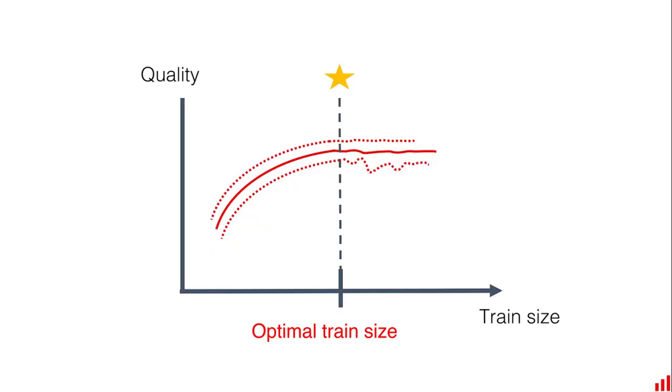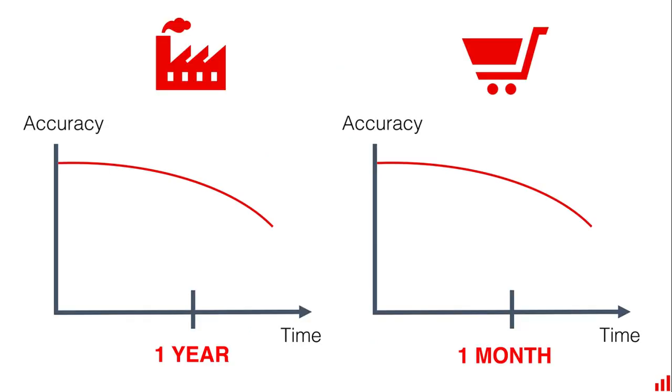Okay, training the model. Suppose you train the model with your test size, an optimal training size, checked using a graph. Accuracy per year: the accuracy will decrease when the time is long.